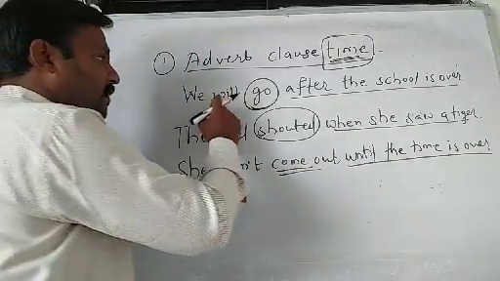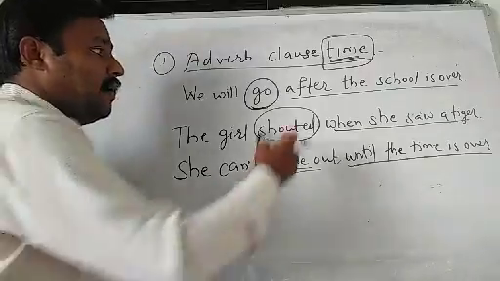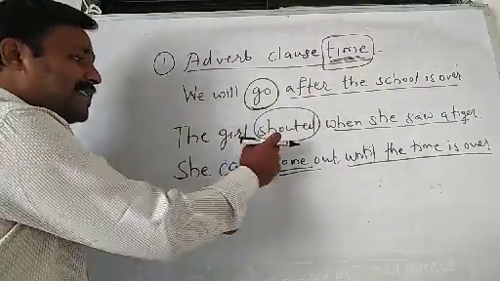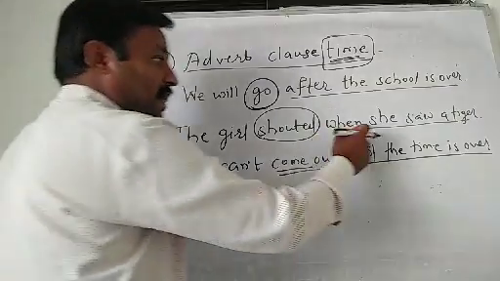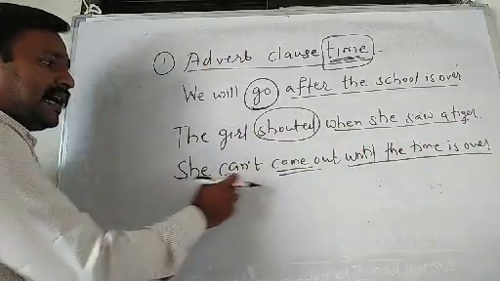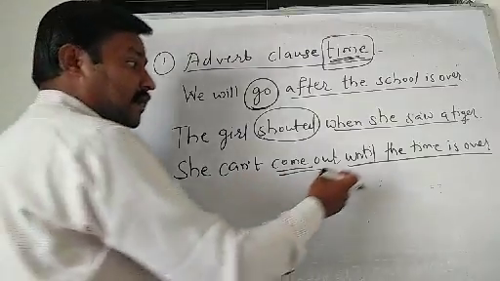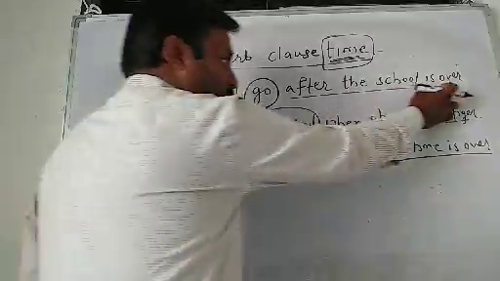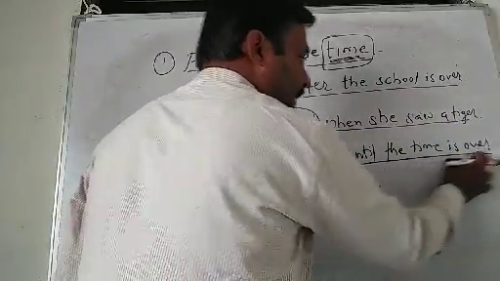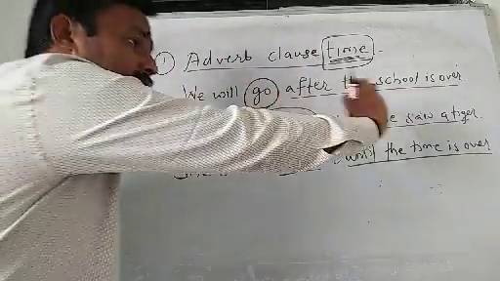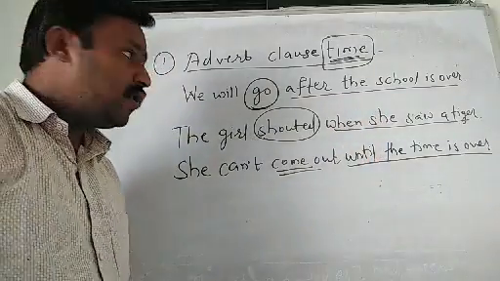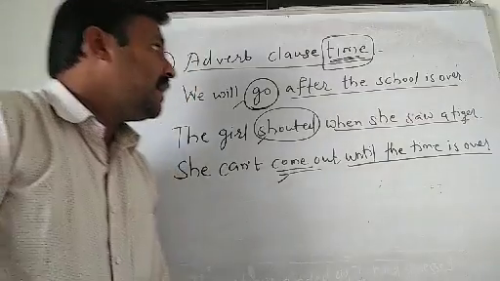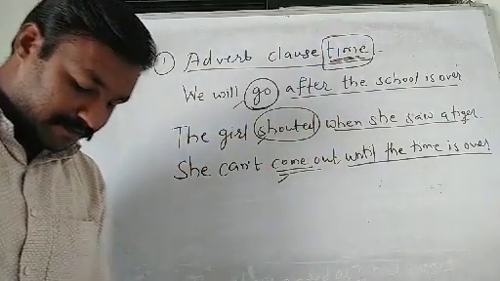We will go, but when? After the school is over. The girl shouted. When? When she saw a tiger. She can't come out. But when? Until the time is over. These subordinate clauses are giving more information about these actions, and that information is about time.